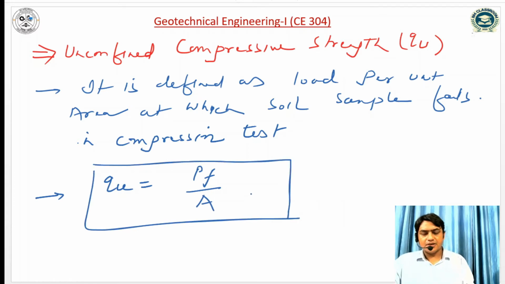A cylindrical soil sample is prepared, and this soil sample is tested in the unconfined compression test. When we apply load, a time will come when our soil will fail, and at that time we have to measure the load. That load will be the failure load, and the failure load divided by the cross-sectional area is called the unconfined compressive strength.